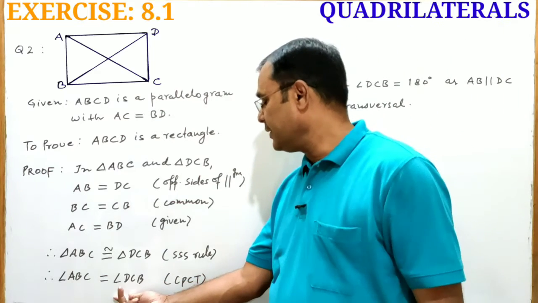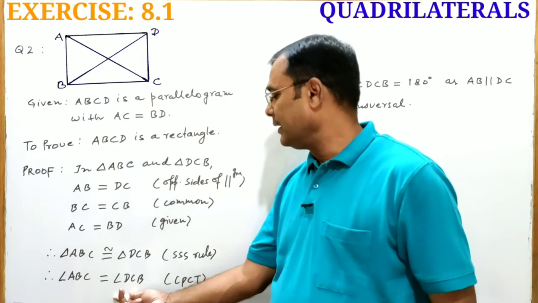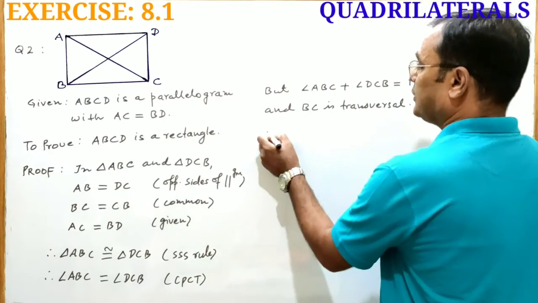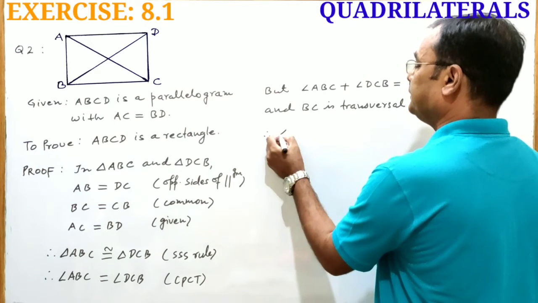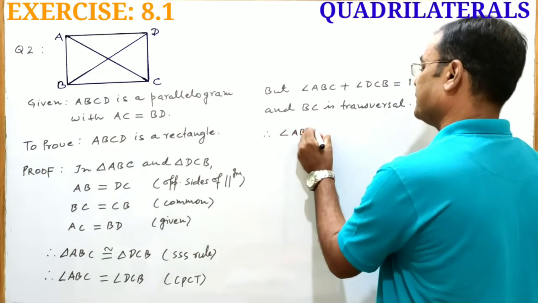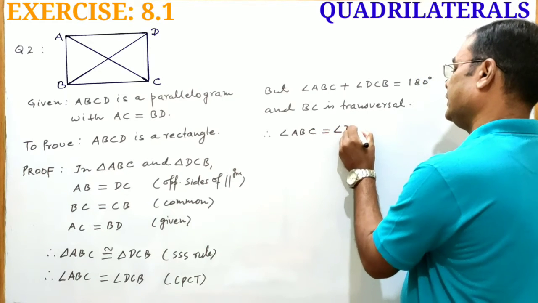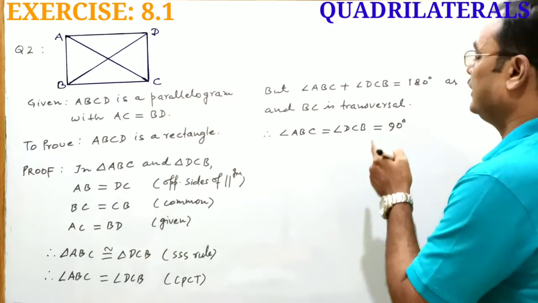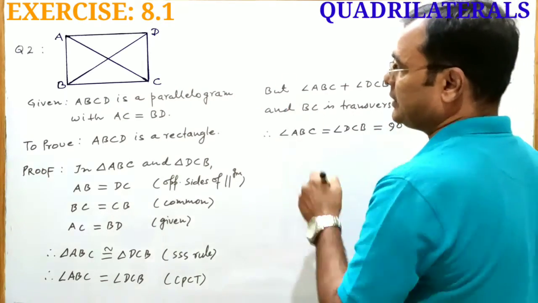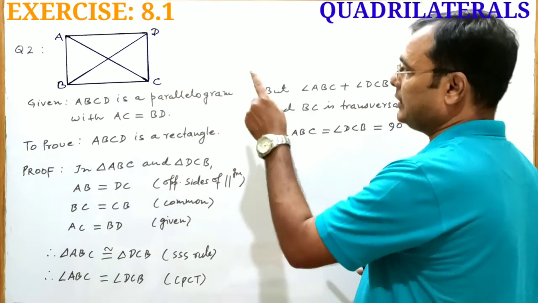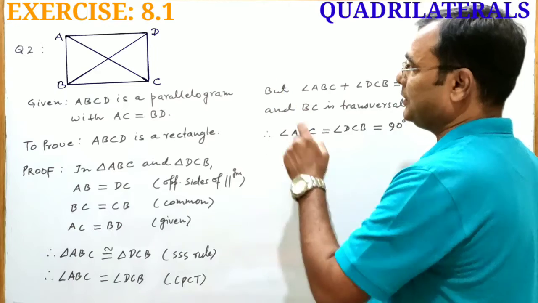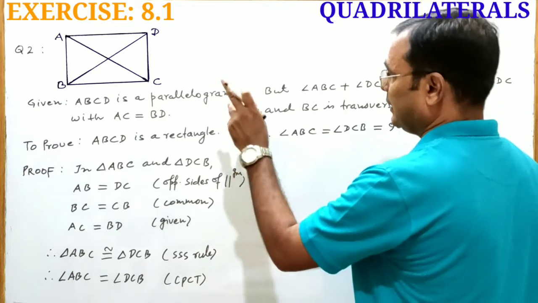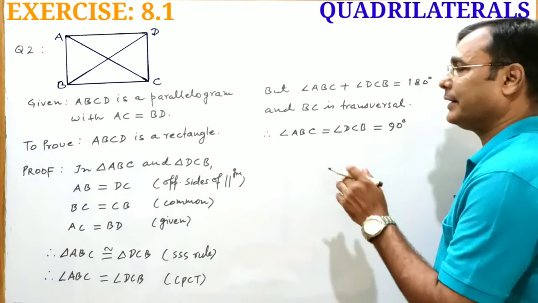And here by CPCT we have derived that angle ABC is equal to angle DCB. So therefore, from these two statements, we can conclude that angle ABC is equal to angle DCB is equal to 90 degrees each, and this proves that angle ABC of parallelogram ABCD whose diagonals AC and BD are equal is a right angle, and this proves that parallelogram ABCD is a rectangle.